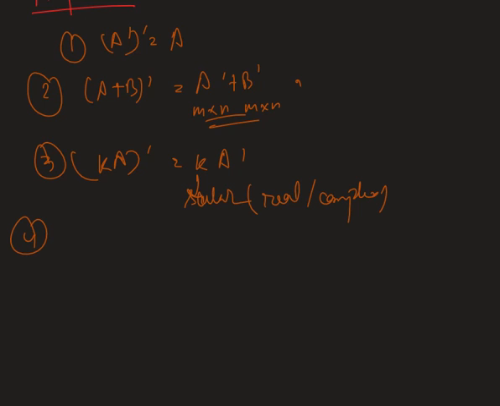The fourth and last property is AB whole transpose, which is going to be B transpose multiplied by A transpose, where A and B are conformable for the product AB.